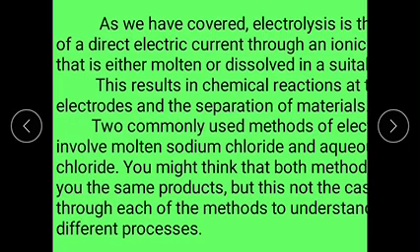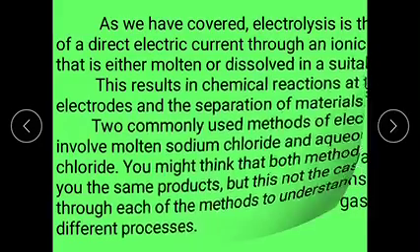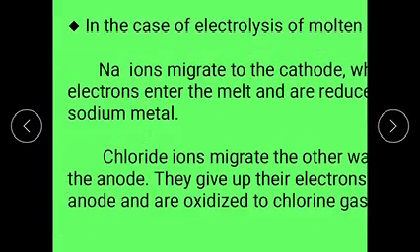When we take electrolysis of fused NaCl and pass the electricity, sodium ions migrate to the cathode side and are reduced to sodium metal. Chloride ions move to the anode side, give up their electrons at the anode and are oxidized to chlorine gas.